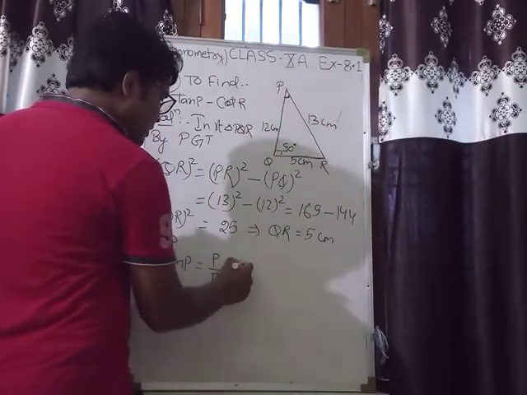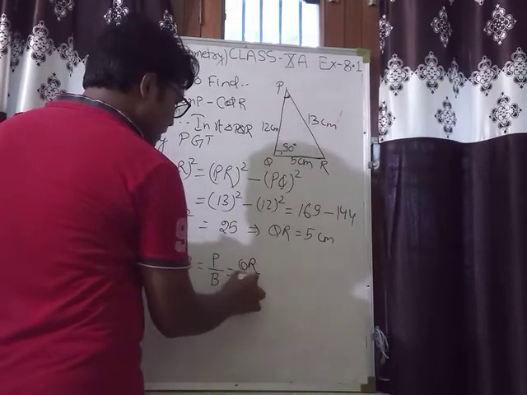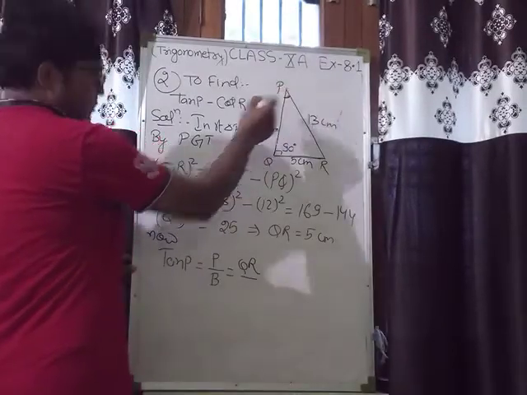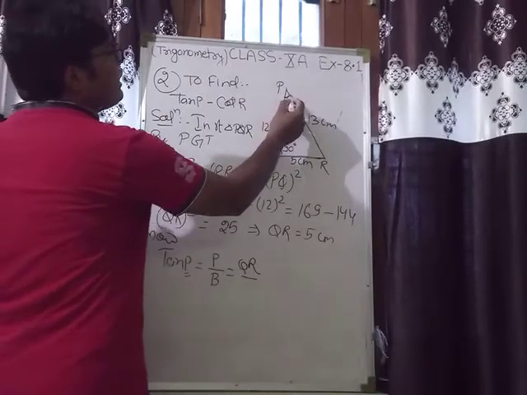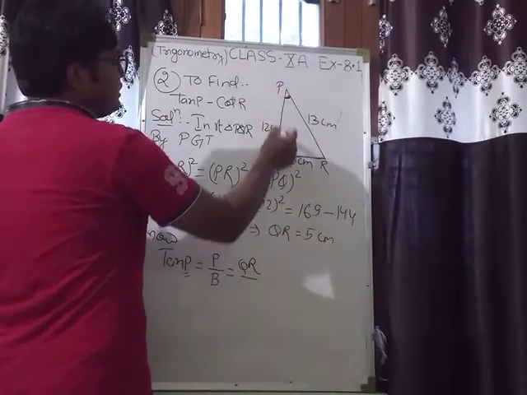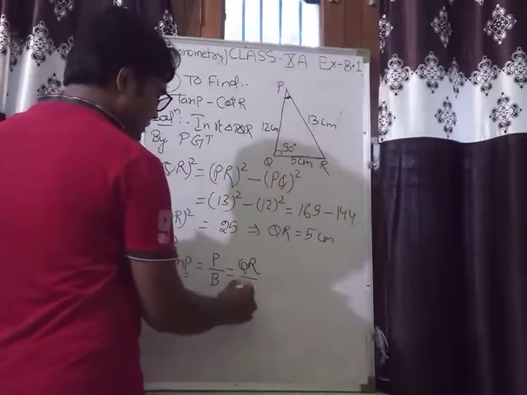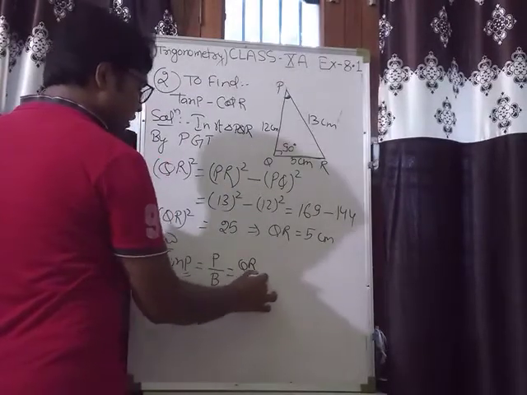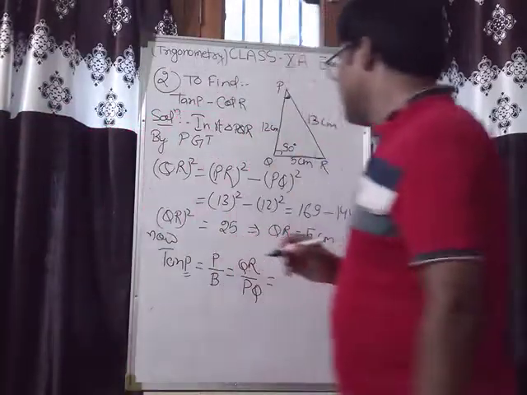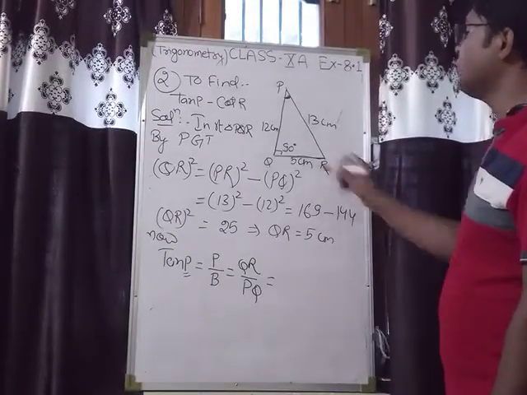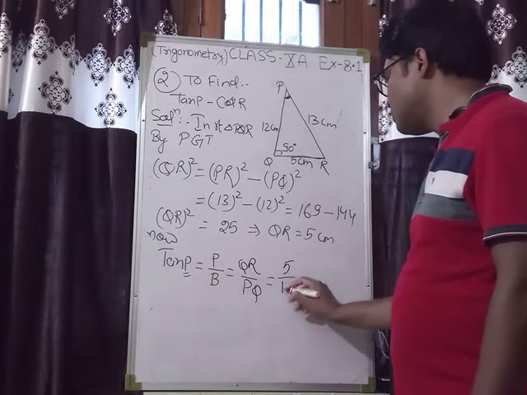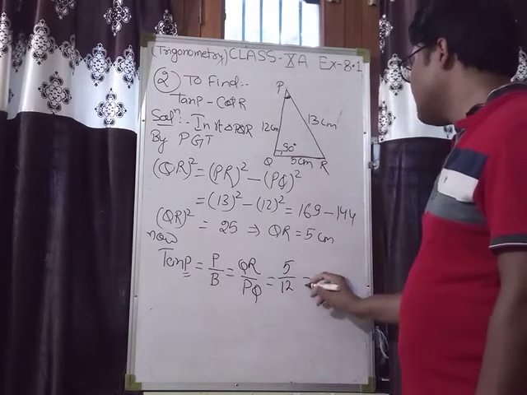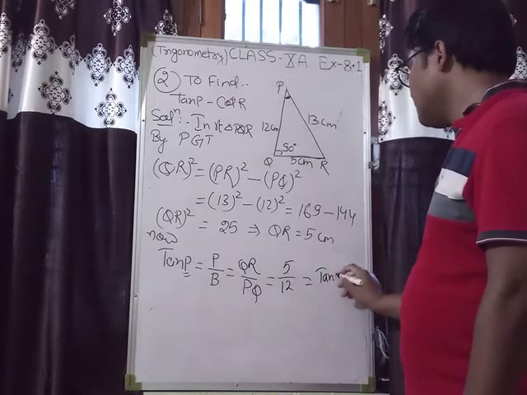Because we are talking about angle P, the side adjacent to angle P, that is PQ, will be base. Clearly, tan P is QR upon PQ, and QR is 5 and PQ is 12. That is tan P.